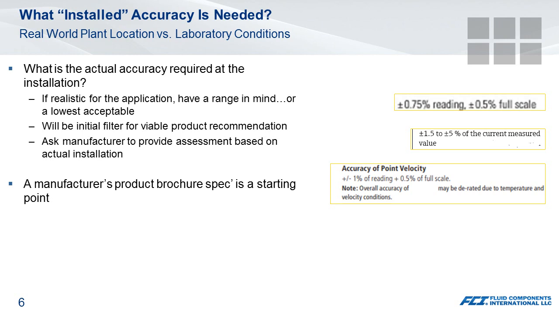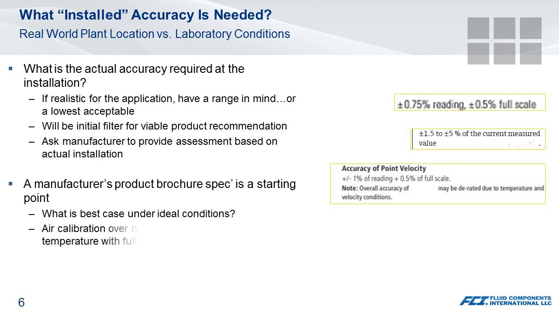It's typically an air calibration only, and a fully developed profile. Anything not of that is going to potentially increase the inaccuracy. So be sure you're understanding the difference between what's published in a manufacturer's brochure and what the actual installed accuracy will be when all factors are considered.